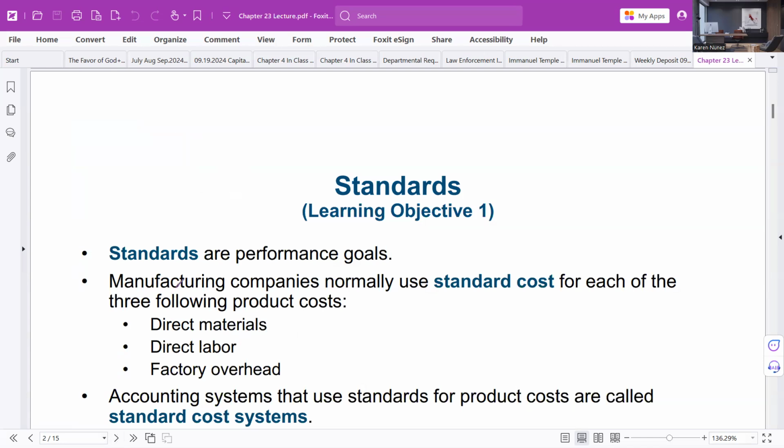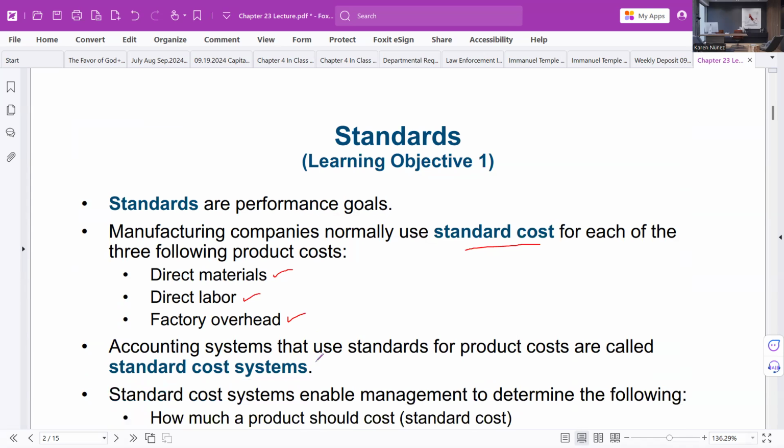performance goals. Most companies use a standard cost for each of the following product costs: for the direct materials, for the direct labor, and for the factory overhead. Those are the key manufacturing cost components. And each one of those costs contains what we call a standard cost.